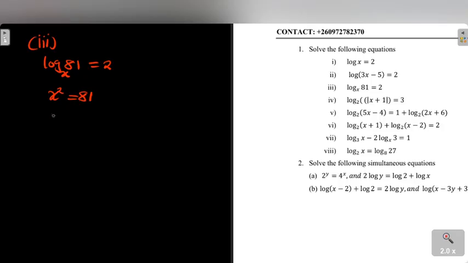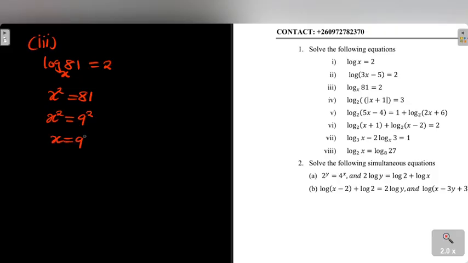Now since we have x squared equals 81, you can see that the base here is the variable, so we have to make the powers the same. So we have x squared, which is equal to 81, which can be written as 9 to the power 2. So we can see that x is equal to 9.